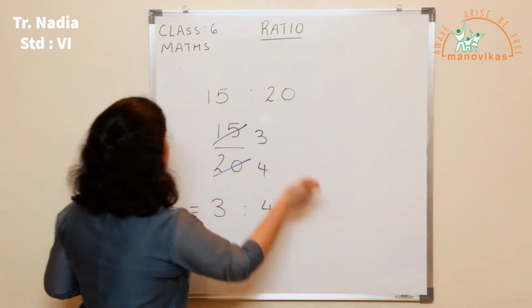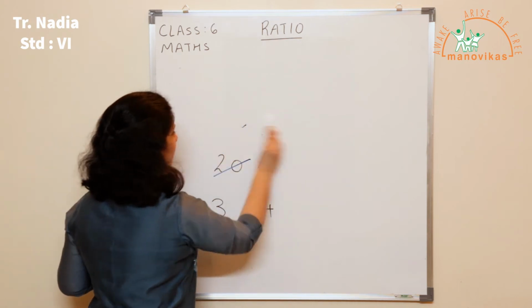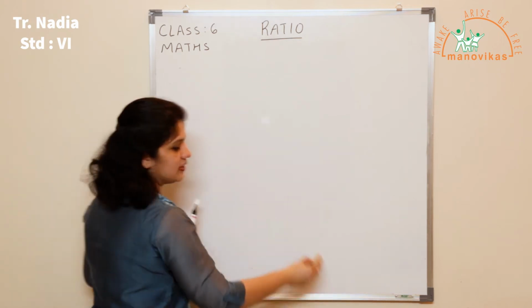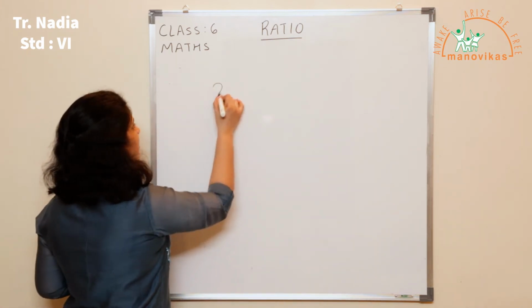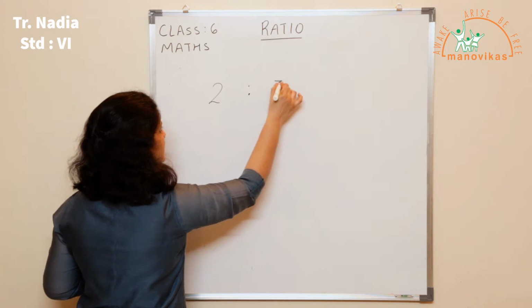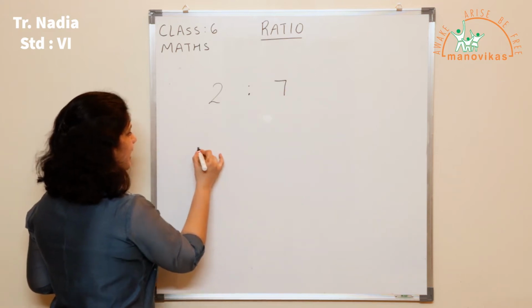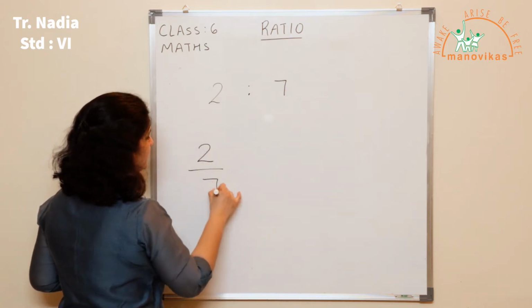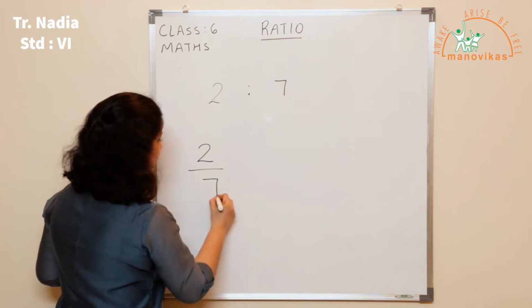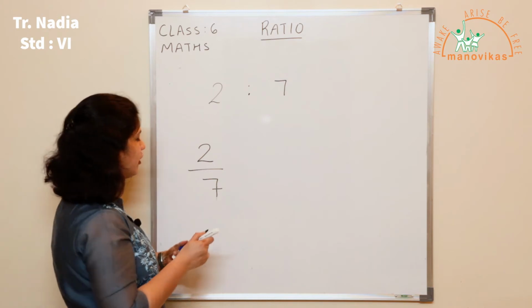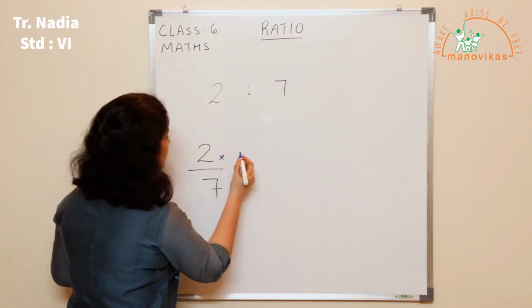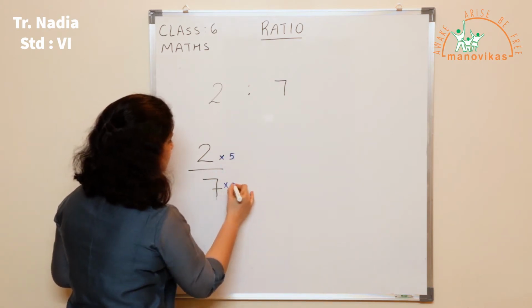Another important thing is you can also get equivalent ratios, just like how you used to get equivalent fractions. For example, you have a ratio 2:7. Write it in the fractional form first and I can create a new equivalent ratio from it, just like how we were creating equivalent fractions.